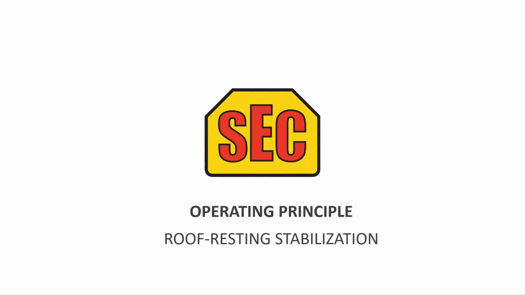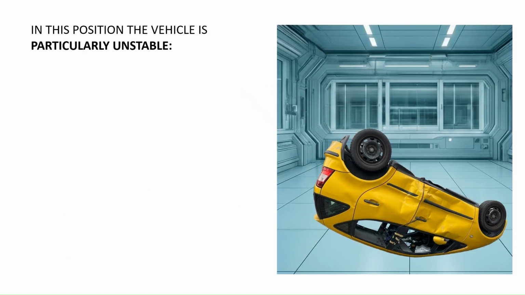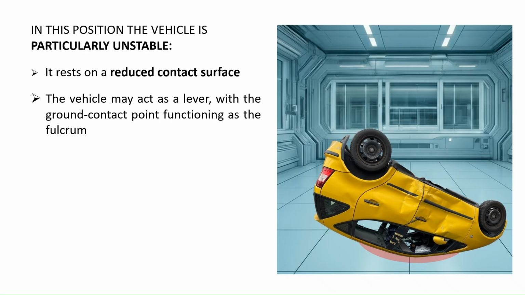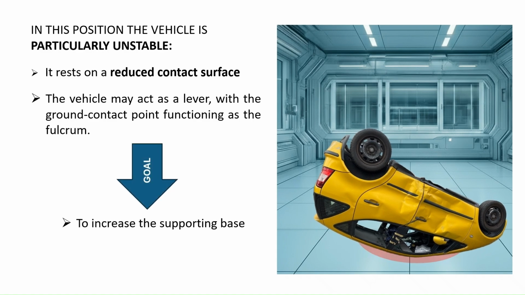Operating principle for roof stabilization. In this position, the vehicle rests on a reduced surface that acts as a pivot, promoting oscillation. The objective is therefore to increase the support base and eliminate any lever-type movement.